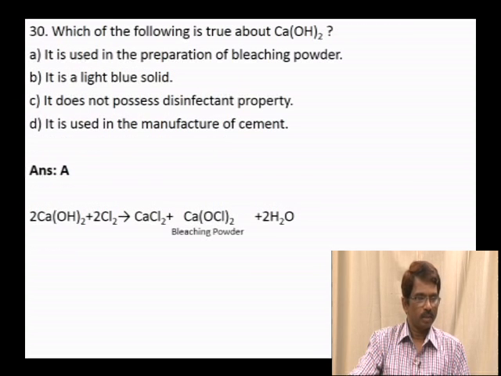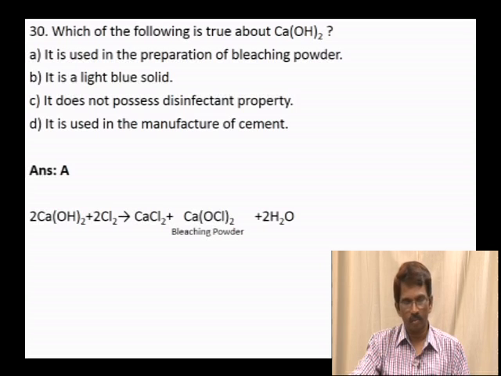And in question number 30, which of the following is true about calcium hydroxide? Option A, it is used in the preparation of bleaching powder. B, it is a light blue solid. C, it doesn't possess disinfectant property. D, it is used in the manufacture of cement.